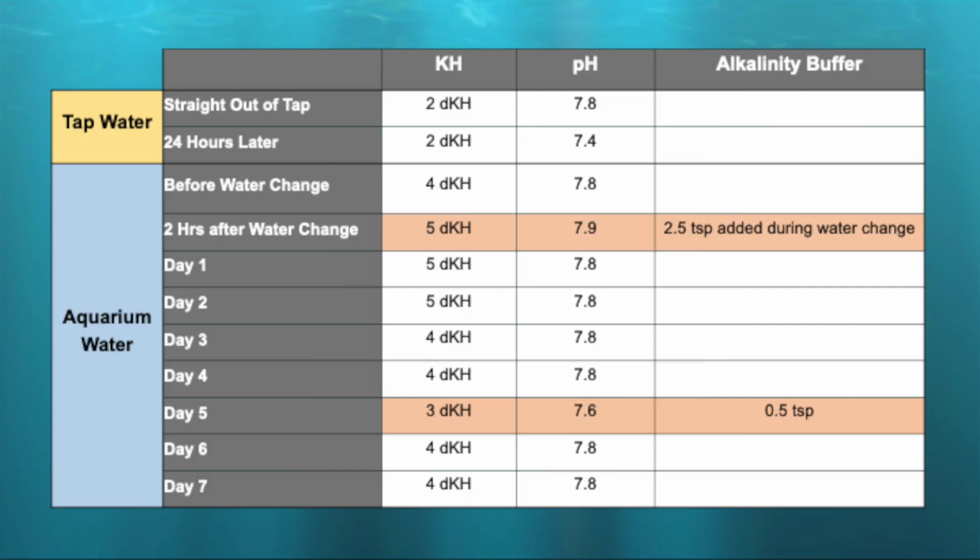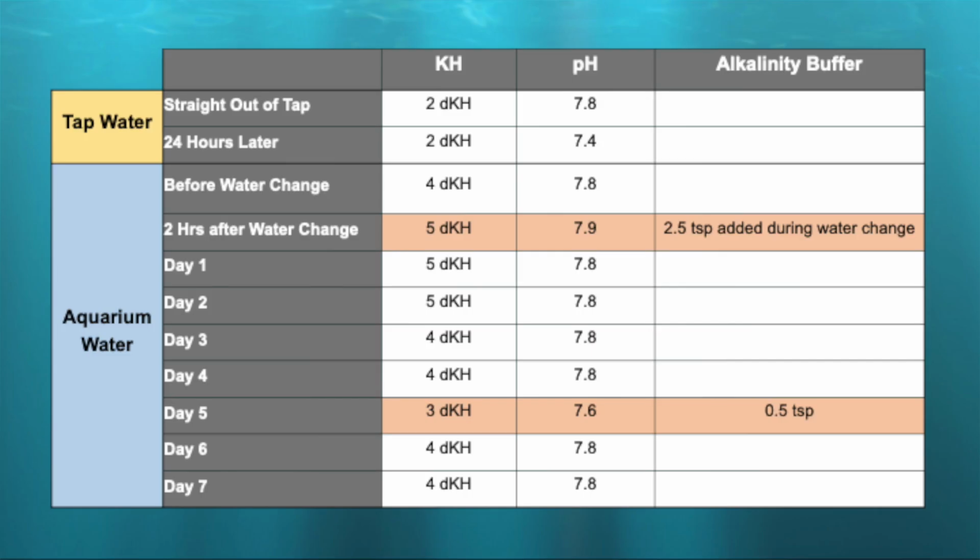With the addition of a commercial buffer, 2 hours after my water change, my aquarium water measured at 5 DKH and 7.9 pH. My daily water tests indicated that within 5 days, my KH started to decrease and went from 5 DKH to 3 DKH, and the pH decreased also from 7.8 to 7.6.